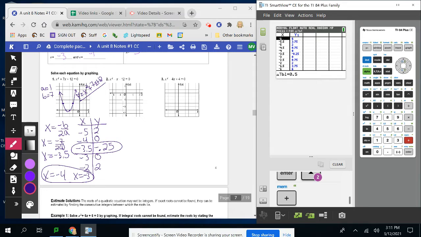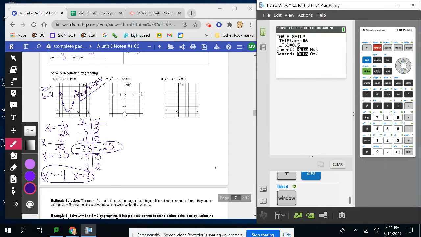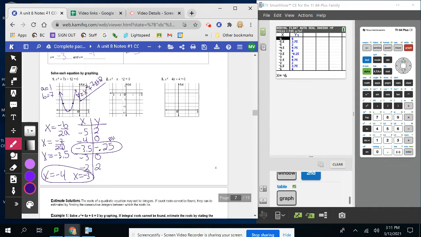You can also do that by doing second window, and there you can change what your table goes by as well. In my table, I only graphed negative 3.5. I didn't care about the other halves. I just needed that axis of symmetry, that vertex. This is my minimum.